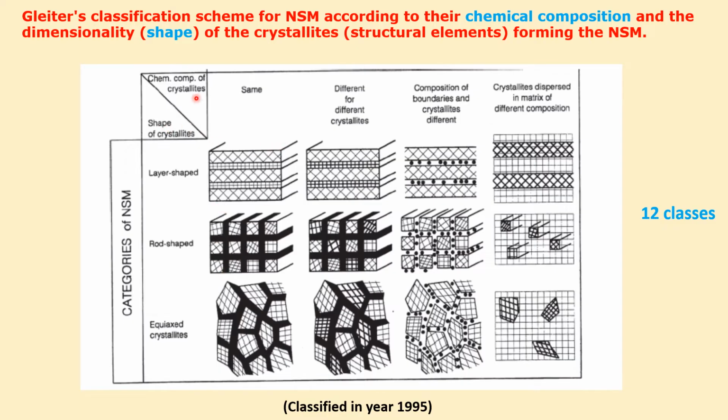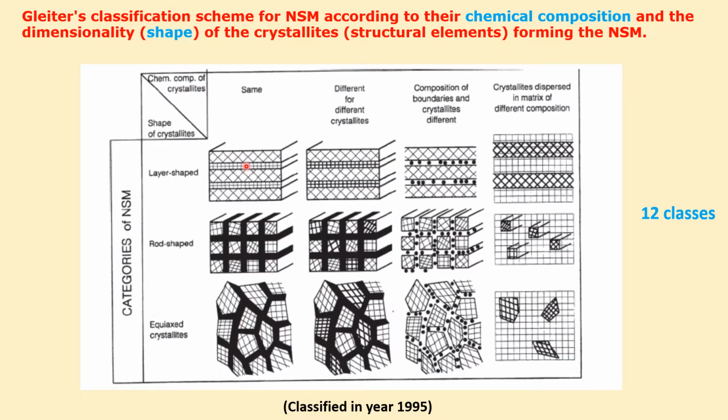They may be layered structures, some rod-type structures, and some equiaxed crystallites. Depending on their axes, they are arranged like this. These are known as equiaxed crystallites. So there are 3 combinations with layer, rod, and equiaxed, and then depending on their chemical composition.